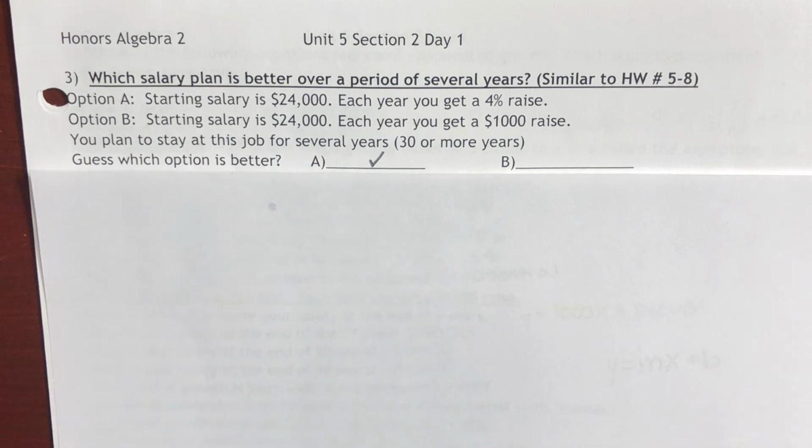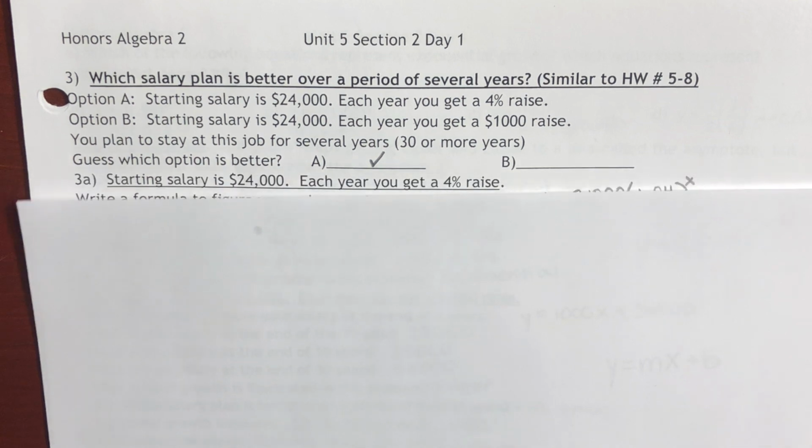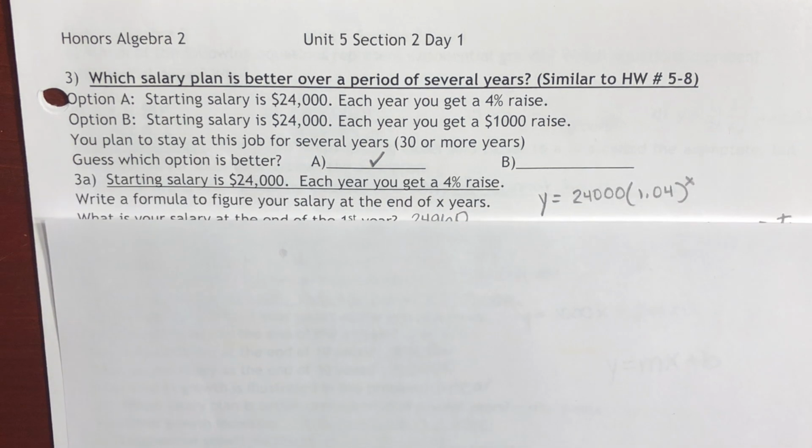You would like to think that probably option A is going to be better, getting a 4% raise. Think about 24,000, getting a 4% raise. So let's go through this.